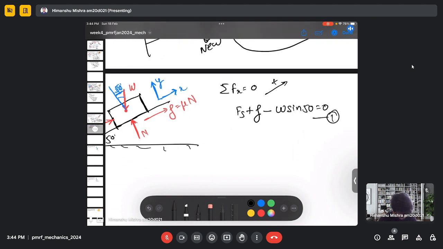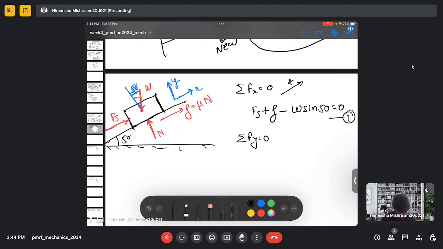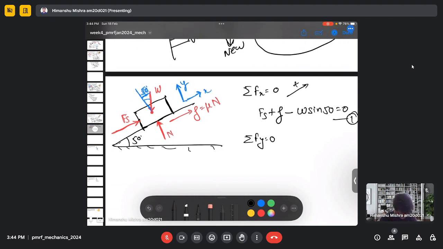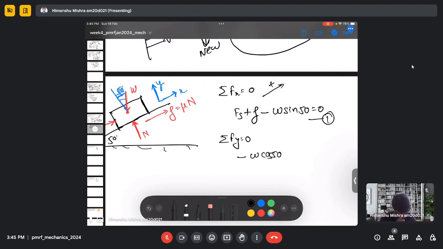This is my equation 1. And in the vertical direction we have the component of weight, which is minus W cos 50 plus the normal reaction.